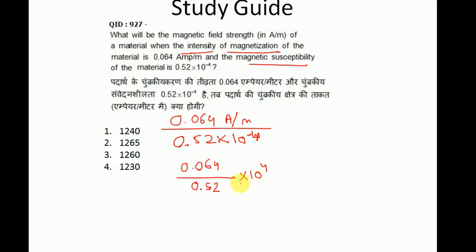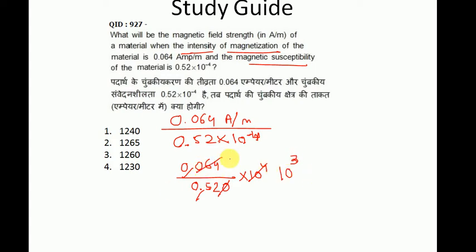Now I multiply the numerator and the denominator by 1000 to eliminate the decimal point. One zero comes here, and this eliminates the 10 to the power 4 to 10 to the power cube.